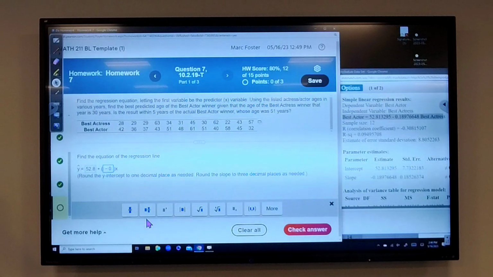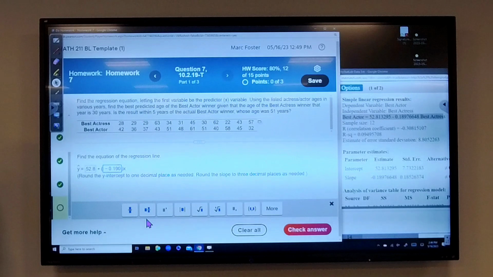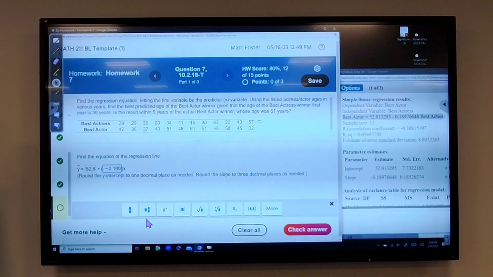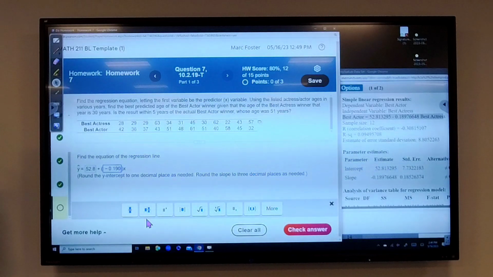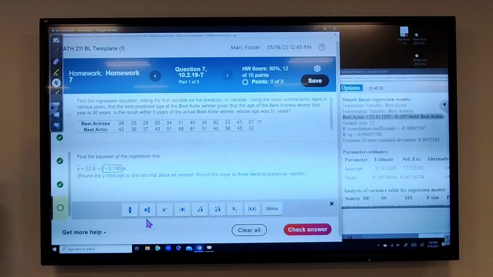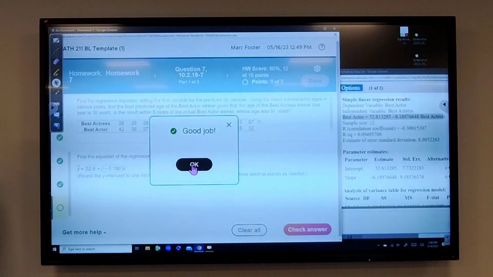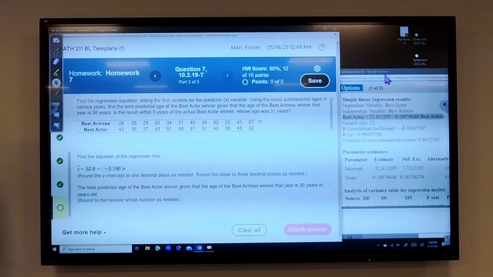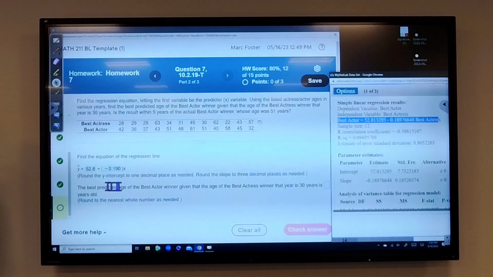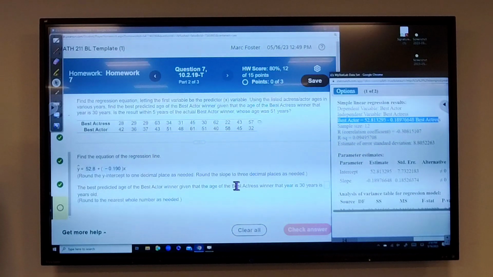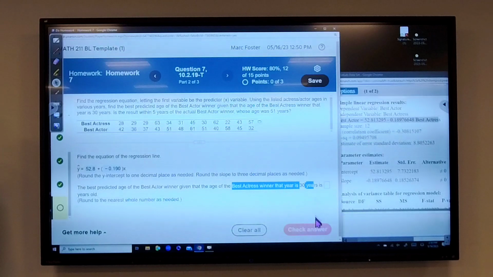So that'd be 190, because the 7 rounds the 9 up. The 89 goes to a 90. And now make a prediction of the best actor's age if we know that the best actress was 30 years old.